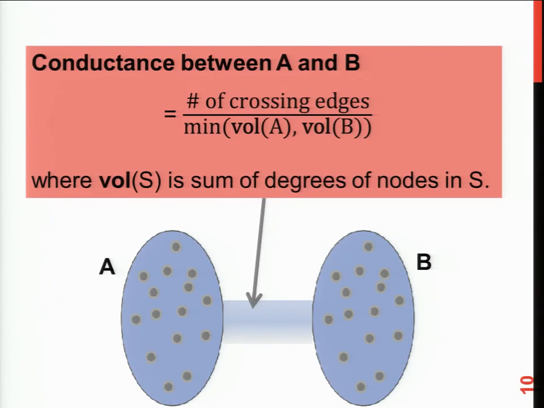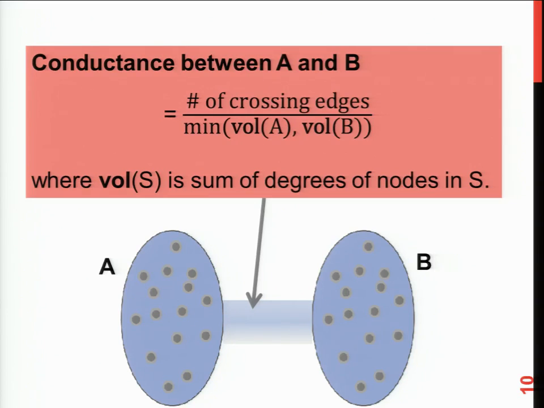Clearly the size of at least one of them will be less than n by 2, where n is the number of nodes. The optimal would be that volume of A and volume of B are the same.